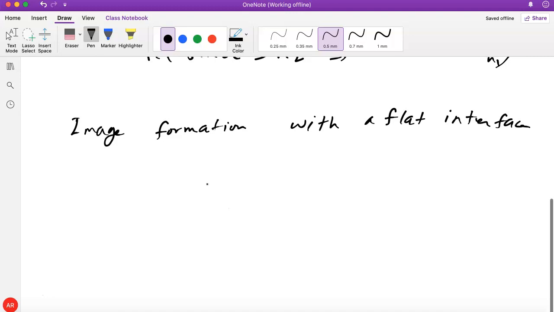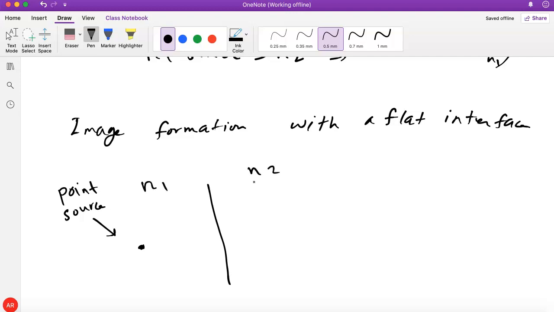So let's say you have a point object or point source of light. Kind of looks like this. Here, let's say we have n1. Here we have n2. And let's say n2 is smaller than n1. So let's say here is, for example, like water. As an example here, maybe we have air.